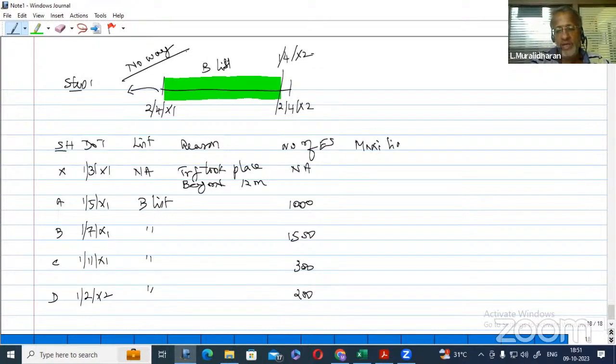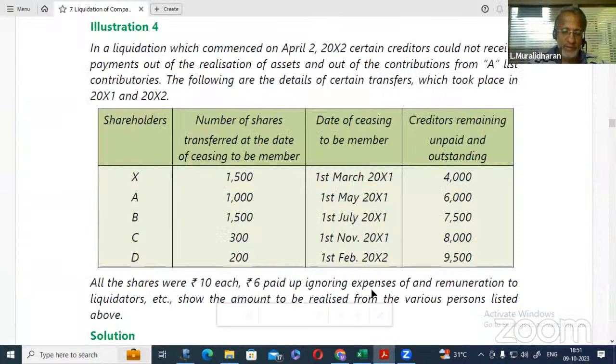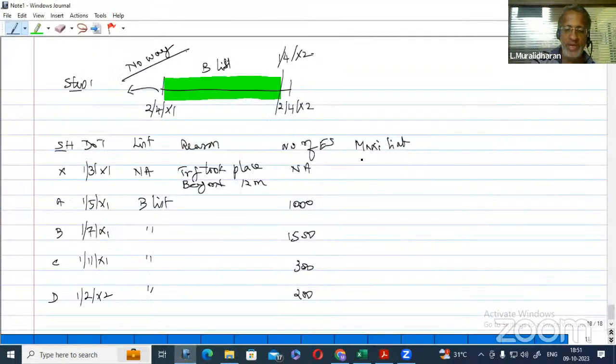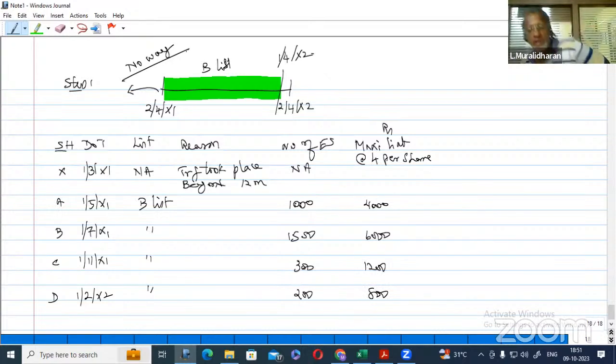What is the maximum liability? They said 4 rupees. Maximum liability at the rate of 4 per share. So in rupees, 4,000, 6,000, 1,200 and 800. The ratio at the very initial stage is 4:6:1.2:0.8, or 40:60:12:8, because at this point of time A, B, C and D are available.